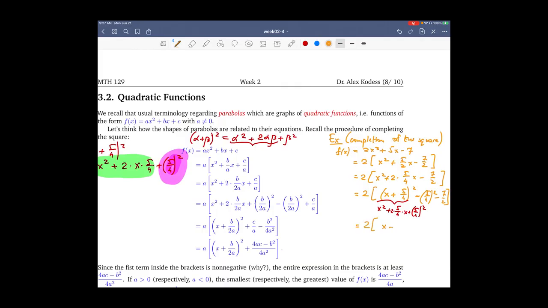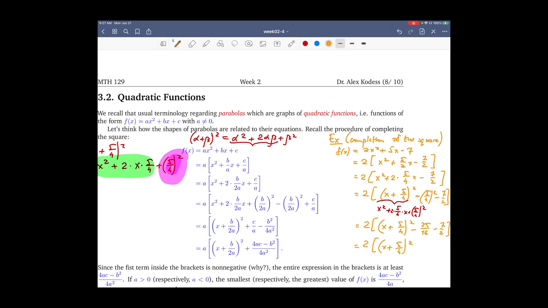We have x plus 5 over 4 squared. And when you combine the terms here, it'll be 25 over 16 minus 7 over 2.